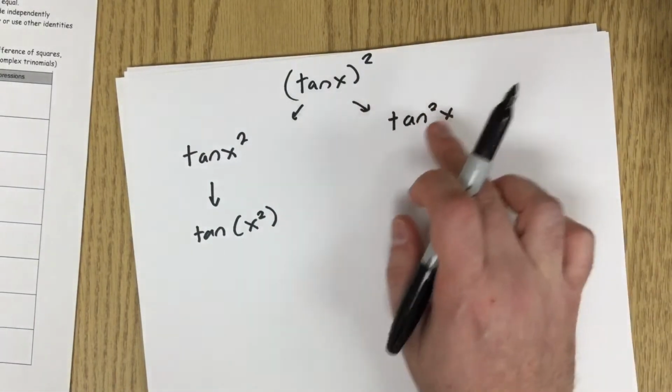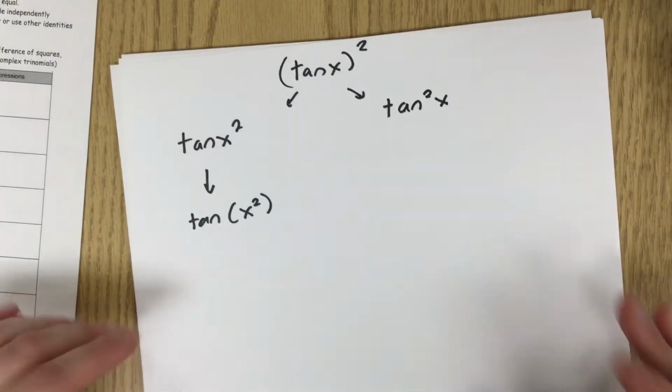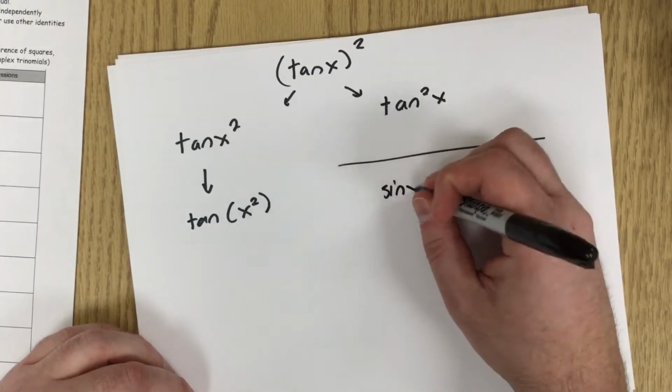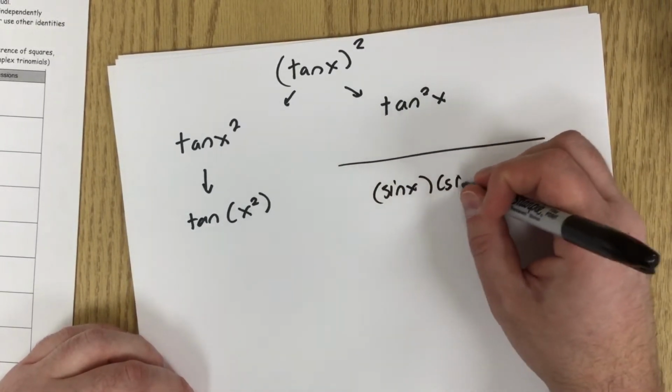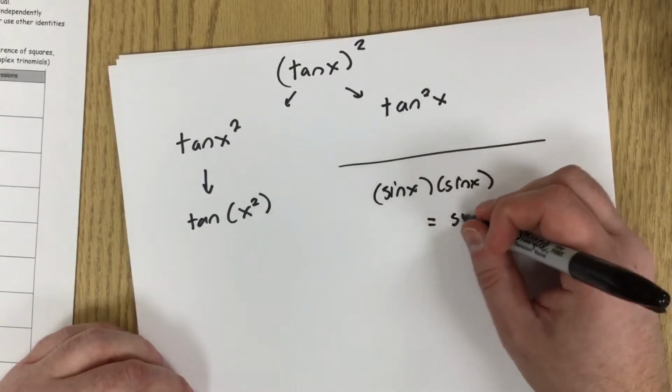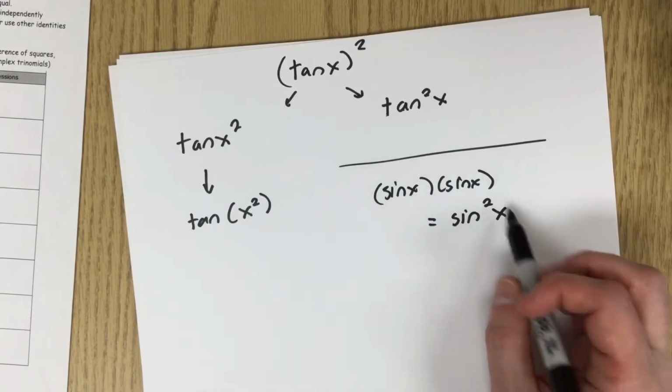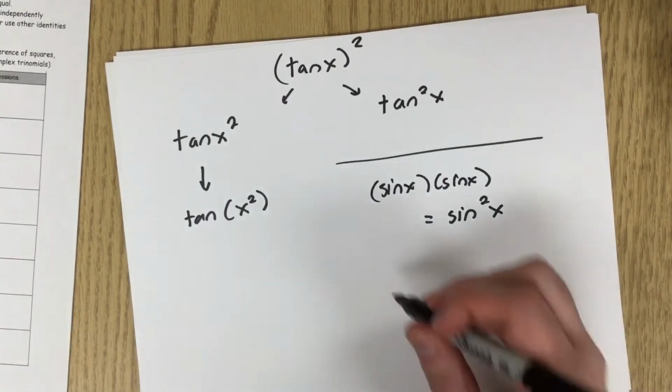So tan of x squared is the same thing as tan squared x. And that's going to be true for all of the trig functions. So for example, sine x times sine x is going to be sine squared x. And so when we say sine squared, we're saying that the whole sine of x thing is squared.